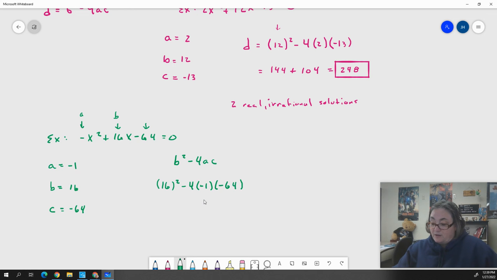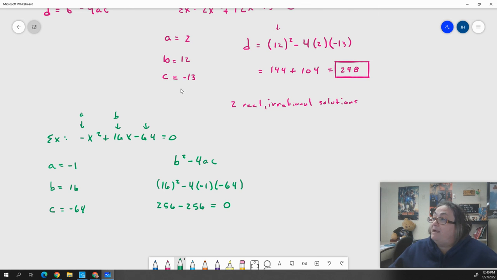Now, 16 squared is 256. And now I have negative 4 times negative 1, which is positive 4. When we multiply that positive 4 times negative 64, we get negative 256. And when I subtract 256 from 256, I just get 0.